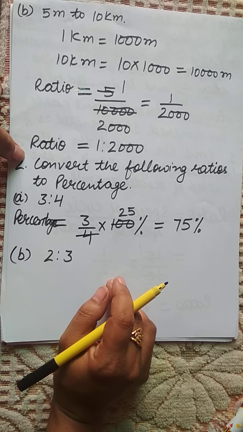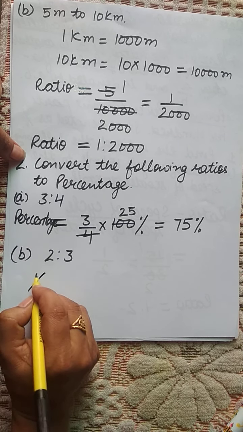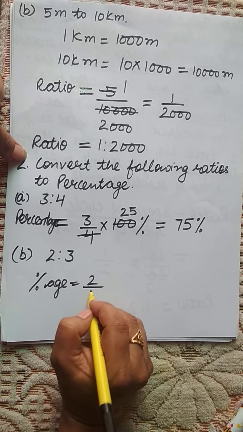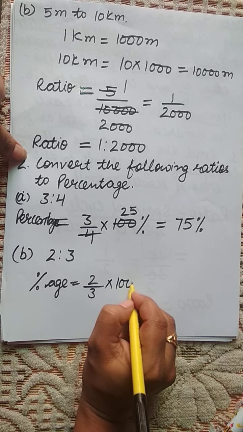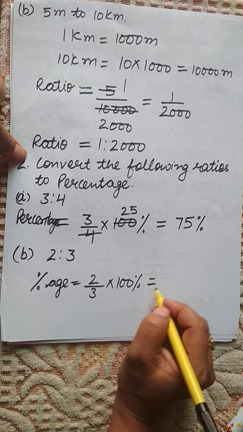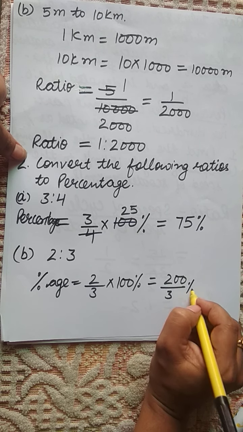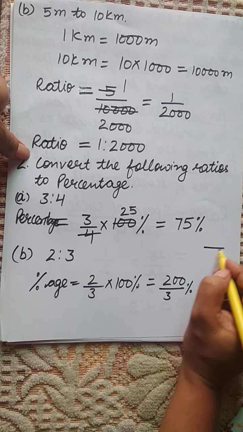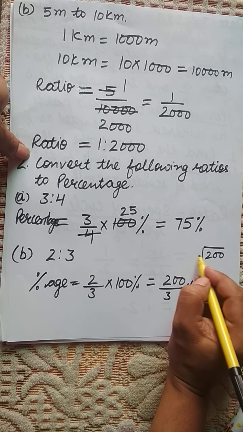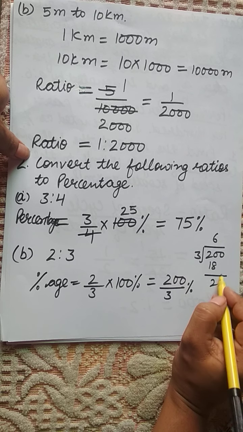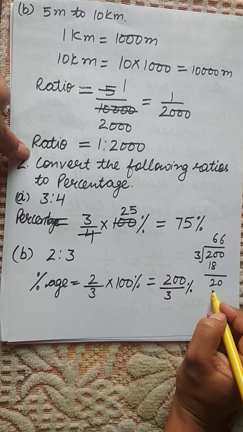B part is 2/3. Again, the percentage will be equal to 2/3 multiplied by 100%. This can be written as 200/3 percent. Now I'll divide it. 200 divided by 3. 3 sixes are 18. 2, 20. 3 sixes are 18.